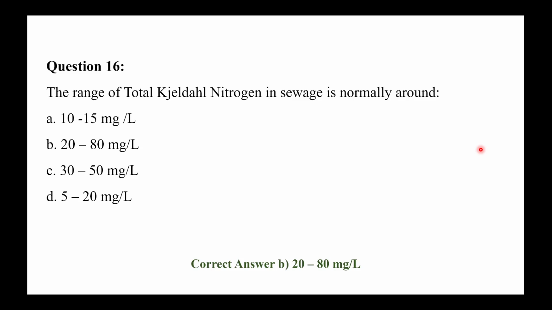Inorganic nitrogen is the N2 present in the atmosphere in gaseous form, which is fixed into organic form, that is ammonia or ammonium. That is the nitrogen content in sewage named total Kjeldahl nitrogen, TKN, and its range is generally around 20 to 80 mg per liter.